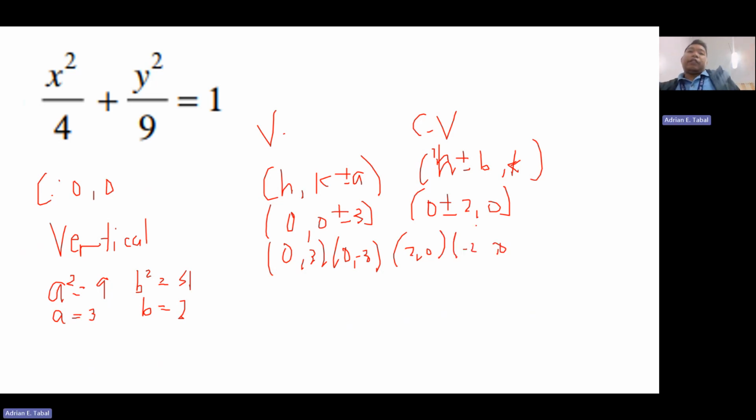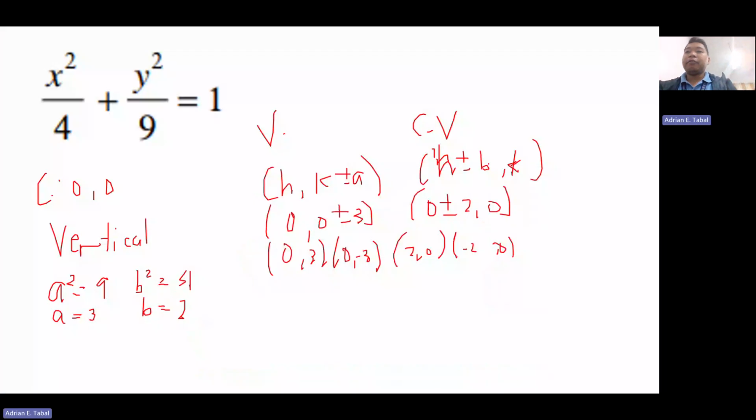So let's try to graph this one without the foci because we can always graph with the vertices. So I have here a GeoGebra. I'll share my screen.